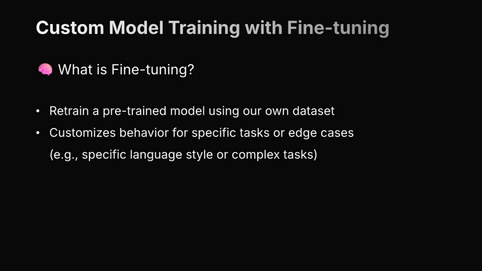Fine-tuning allows us to retrain a pre-trained model using our own dataset to customize its behavior for specific tasks. This is especially useful when the model doesn't perform well for our unique use cases, such as needing a specific language style, format, or better handling of edge cases.